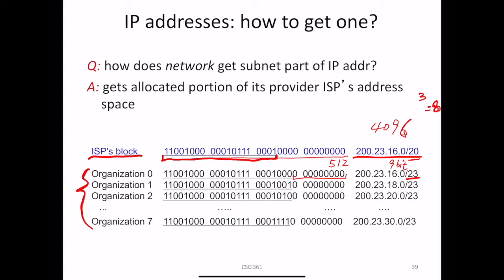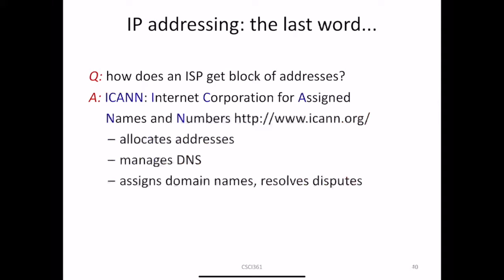Then we get another question. We know the organizations can get the IP block from the internet service provider. However, where can the internet service provider get the IP block from? The answer is from this organization, ICANN, which is short for the Internet Corporation for Assigned Names and Numbers.